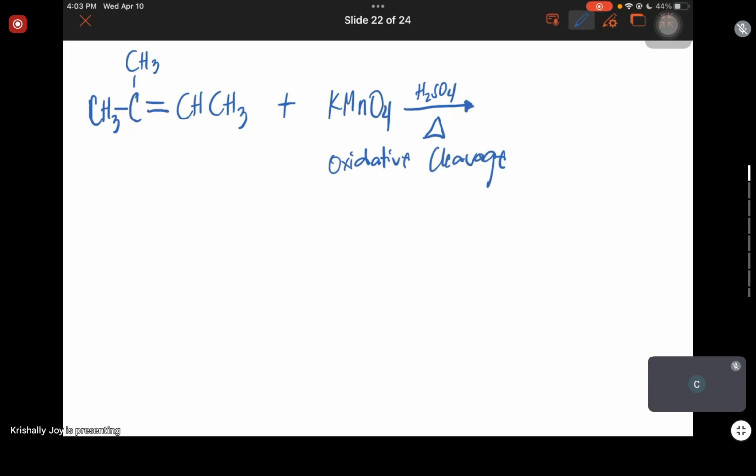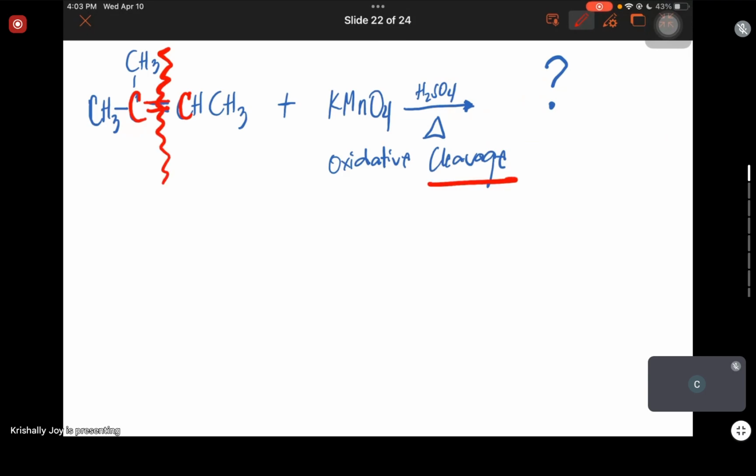So how will you predict the product? Paano natin ipe-predict yung product? So hanapin niyo yung reactive portion ng alkene. So that would be the carbon to carbon double bond. So we need to cleave that portion, kasi oxidative cleavage man.